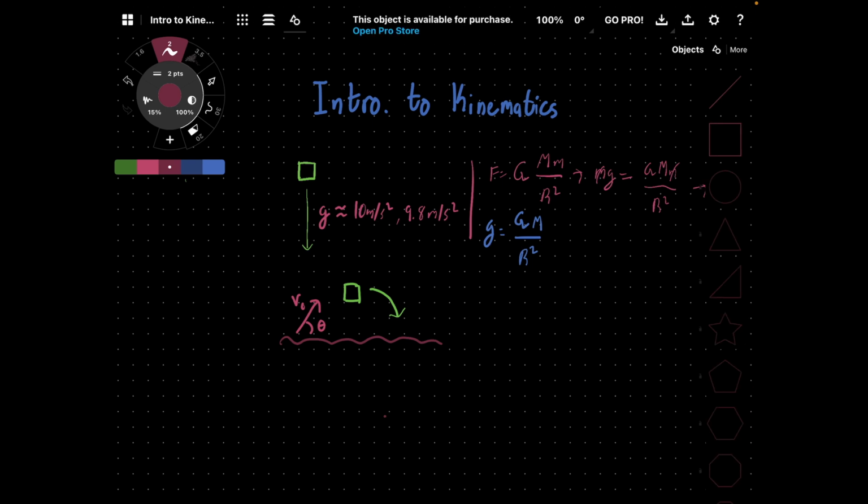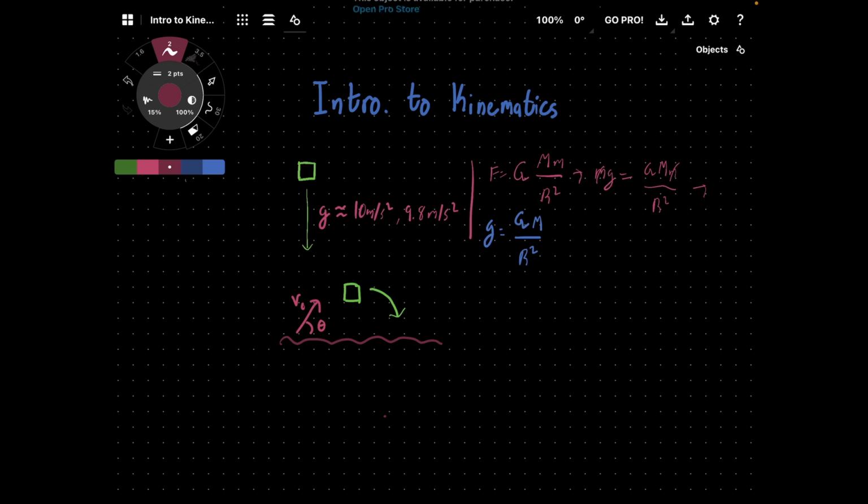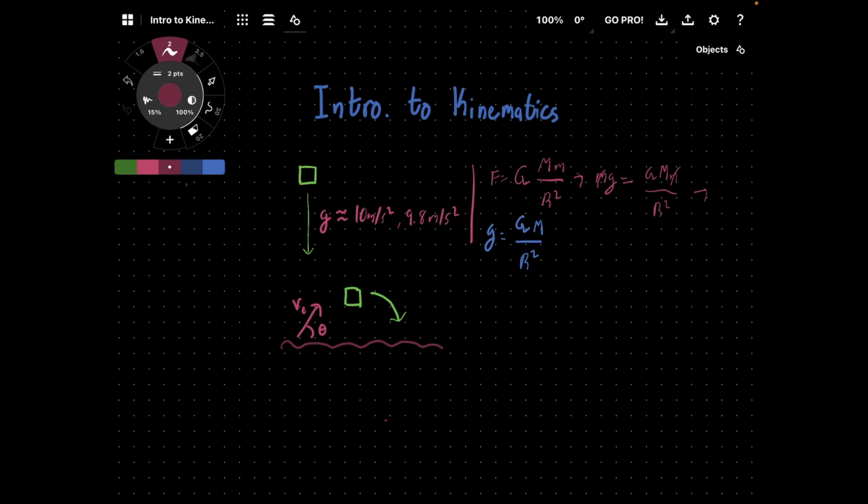The best example that I can think of is a circle. Let's say we have 2 points, one over here and one halfway across the circle, and the radius of the circle is equal to r.